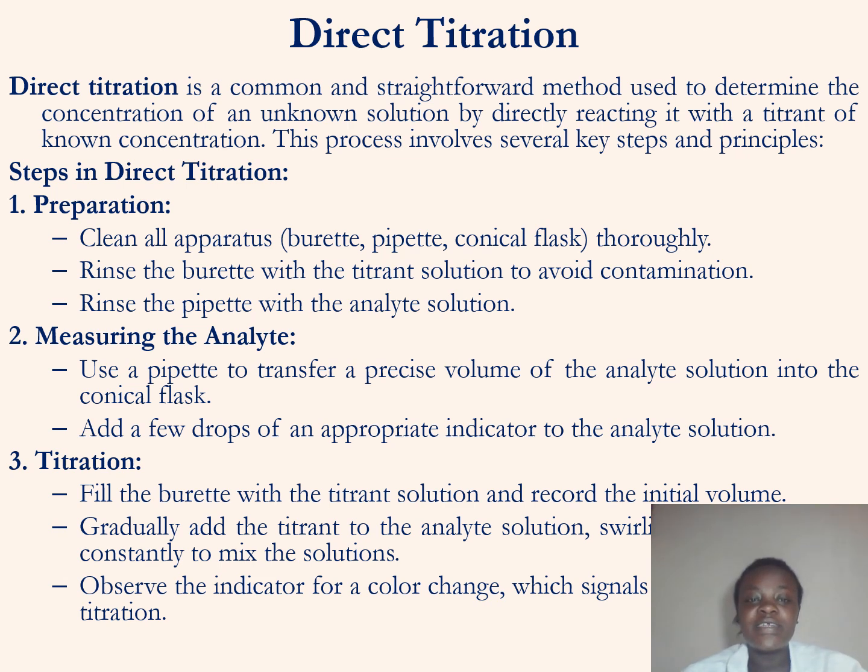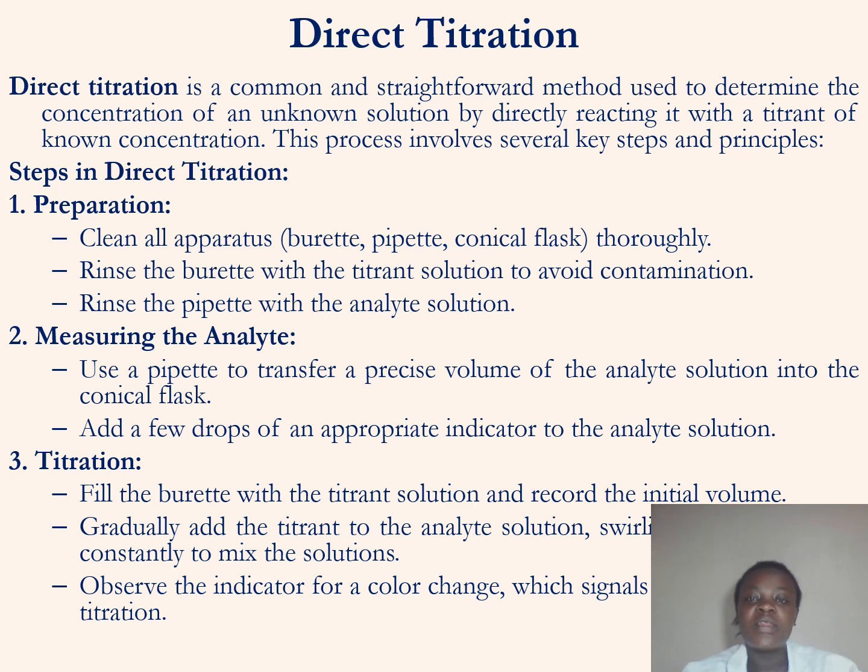So direct titration is a common and straightforward method used to determine the concentration of an unknown solution by directly reacting it with a titrant of known concentration. Remember, in titration we usually have two solutions. The first one is the standard solution. This is what we are calling the analyte. The solution, we know its volume and also its concentration.